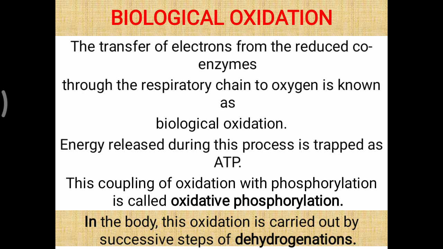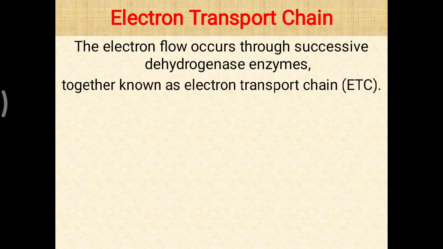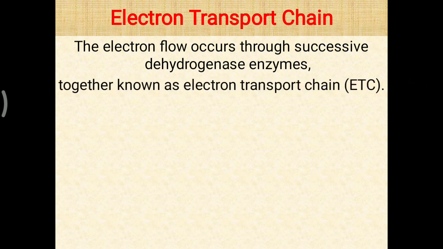In the body, this oxidation is carried out by successive steps of dehydrogenation, which will be explained in the electron transport chain. Basically in the ETC, the electron flow occurs through successive dehydrogenase enzymes, together known as the electron transport chain. The ETC is divided into four different complexes.